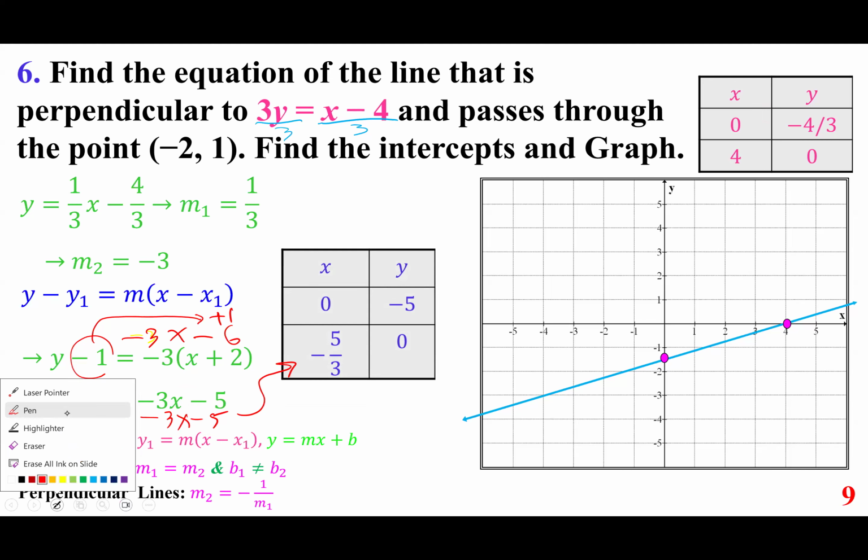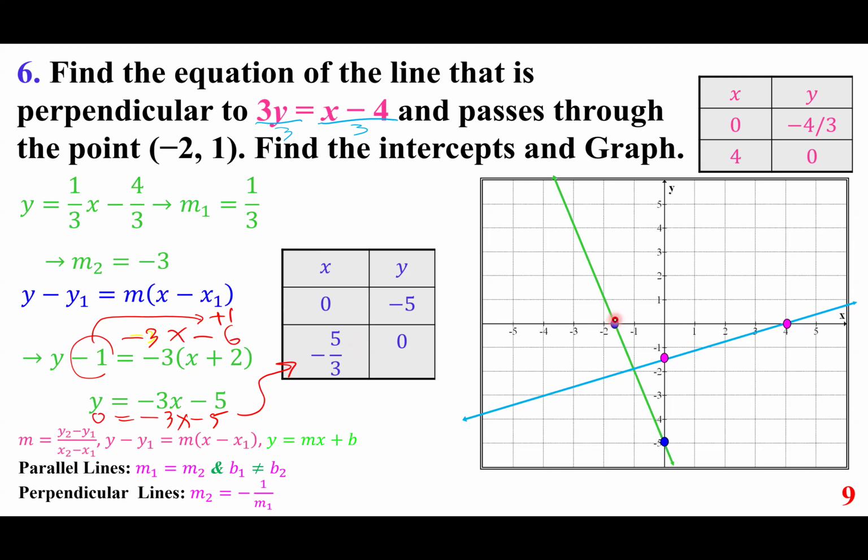So plot those two pairs, everybody. 0, -5. So 1, 2, 3, 4, 5. 0, -5 is here. And -5/3 is -1 and 2/3, so somewhere here. And connect the two. And you're done. It's pretty simple, everybody.